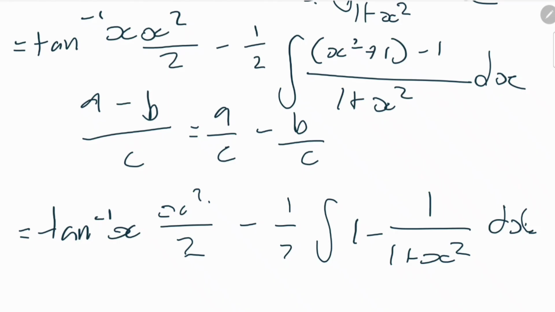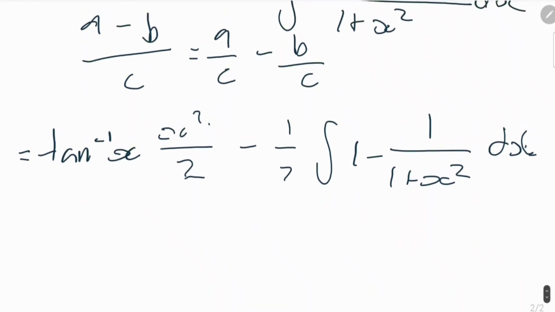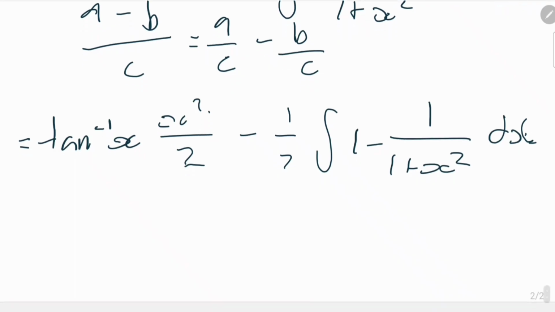Okay? So now the path is quite clear going forward. There is a subtraction sign here. So we can take the integral of 1 and then minus that by the integral of 1 over 1 plus x squared. So let's do that.